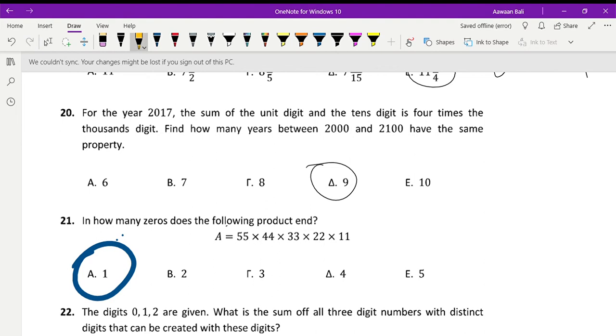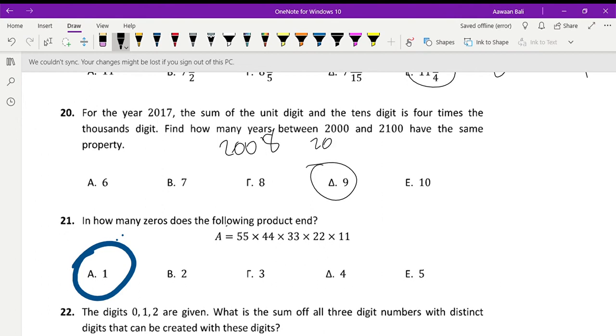The thousand digit is 2, which means the sum has to be 8 always, since 2 times 4 is 8. And this is also one of the years in between 2000 to 2100. So that means basically we can say 2008 first, and then we can just go through the sums of 8.